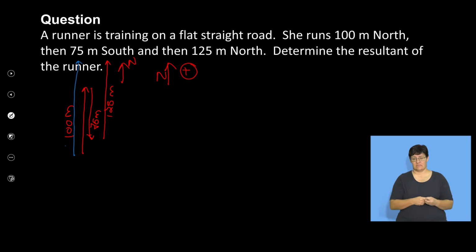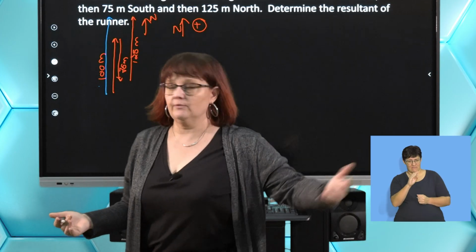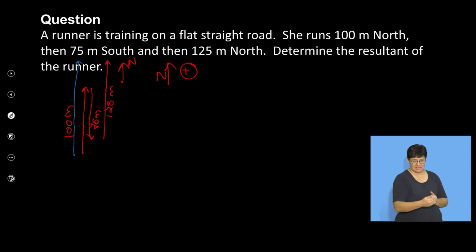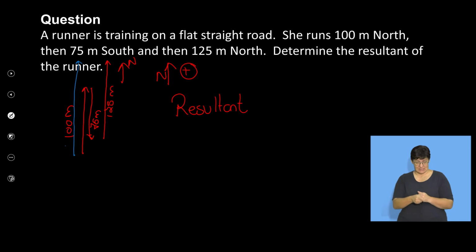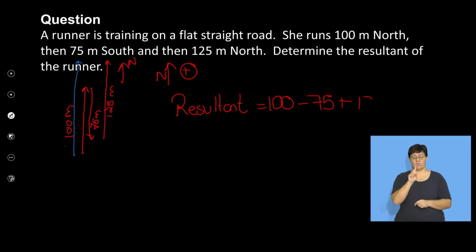I can't use F because F means force. I've got a distance here. So her resultant is going to be her first distance, which was 100, minus her second distance, which was 75, plus the 125.